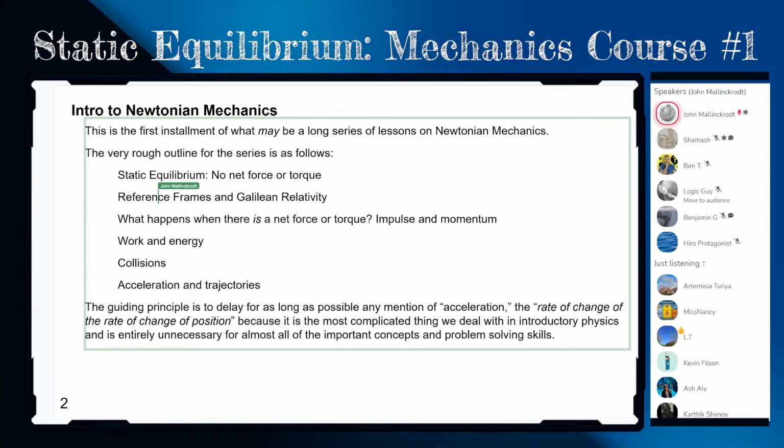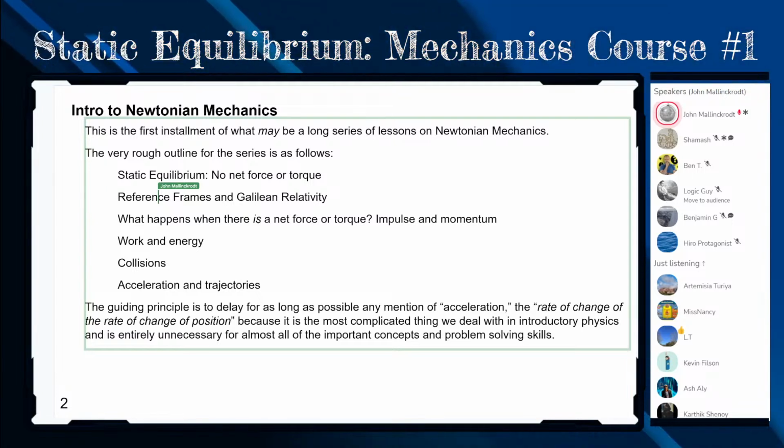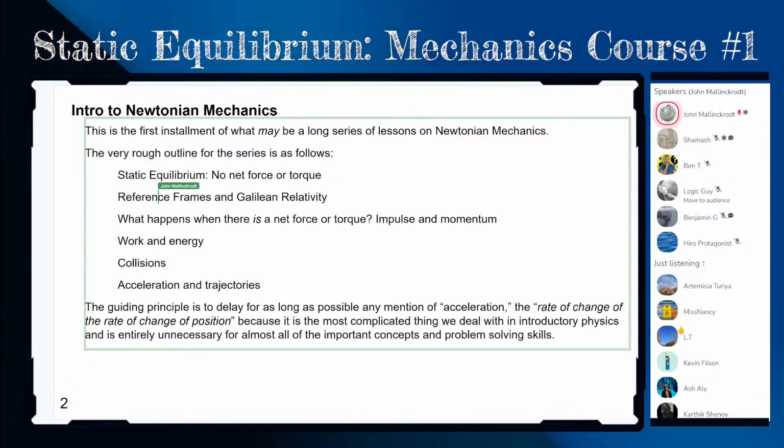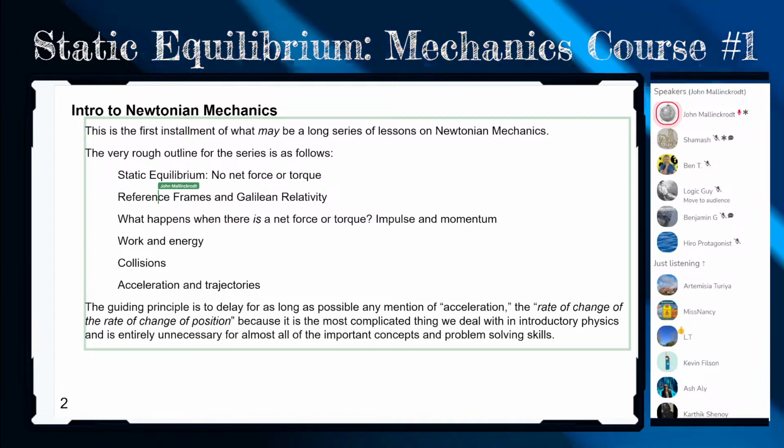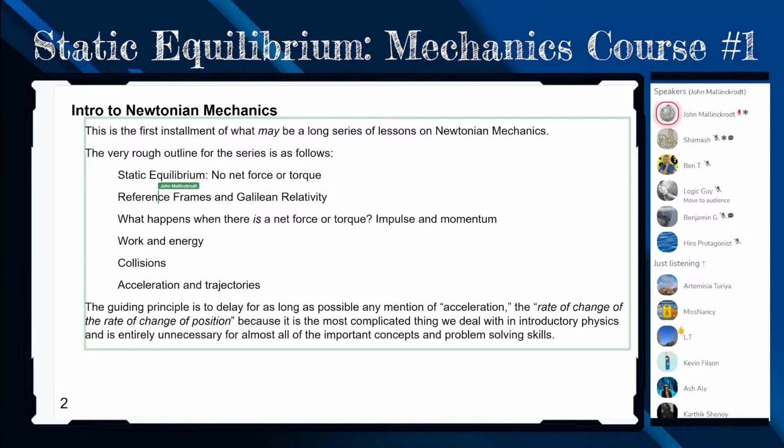Having work, energy and momentum under our belts, we'll talk about collisions, how momentum and energy get transferred from one thing to another in collisions, interactions in general. And then finally, at the very end of the series, we will hopefully for the first time, not that I haven't already said the word acceleration, but we'll say it more, and we'll talk about trajectories.